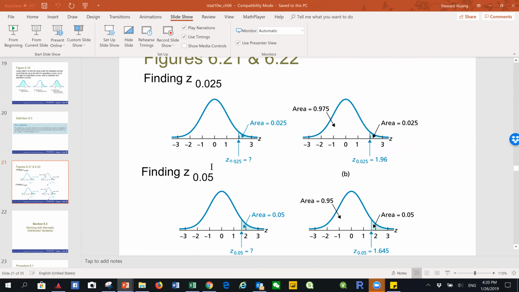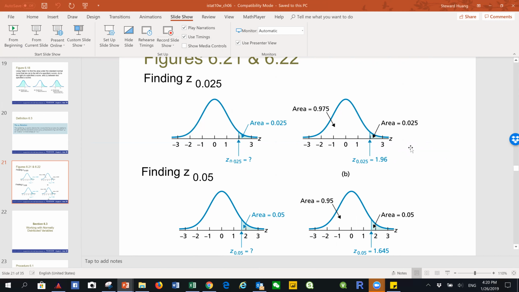Similarly, if it has 0.05, that means the area to the right of this value is 0.05. And if the area to the right is 0.025, then the area to the left is 0.975, and similarly here.